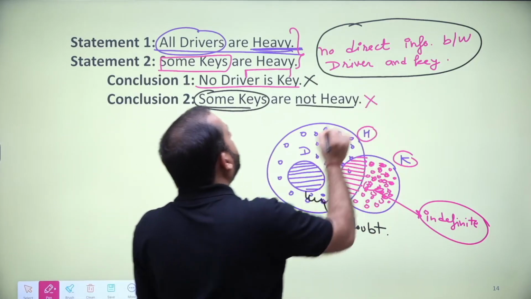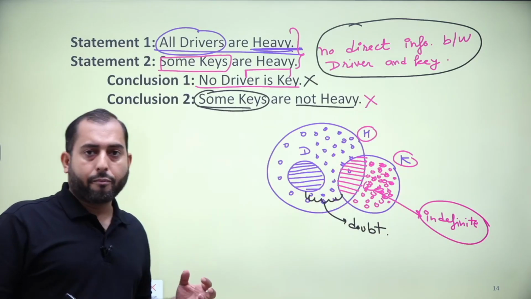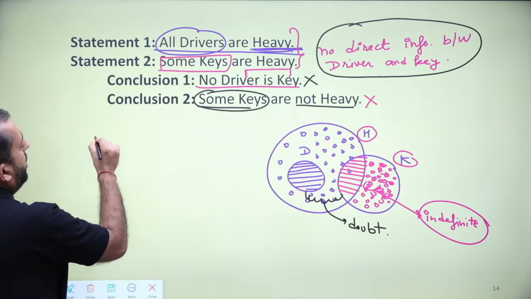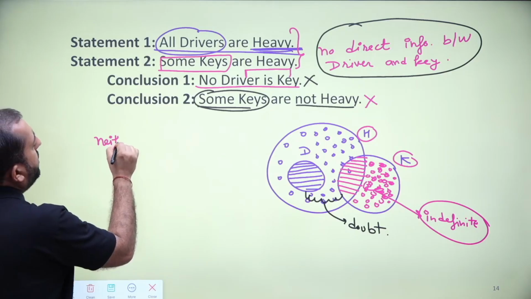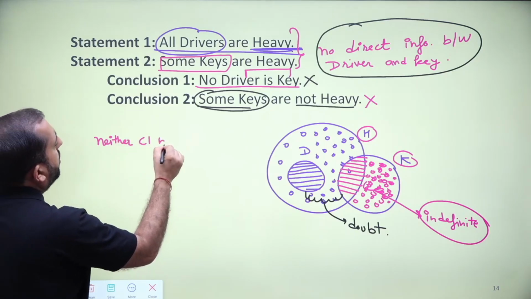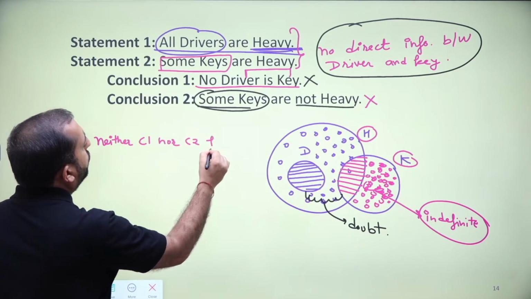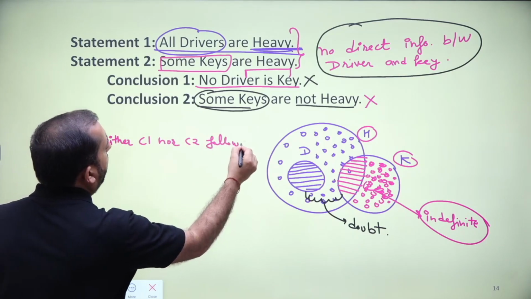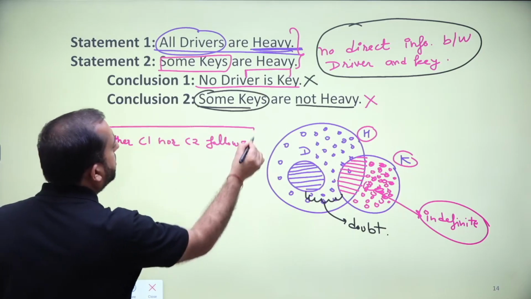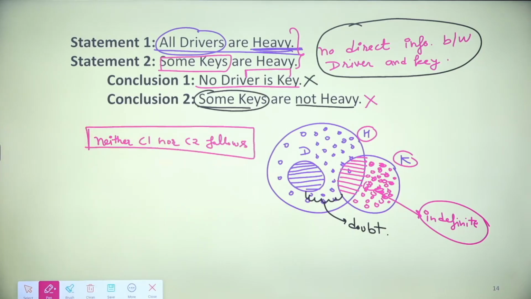That is why conclusion 2 is not valid. Okay, so the answer of this question should be neither conclusion 1 nor conclusion 2 follows. I hope guys this is clear to everybody. Kindly mark it.